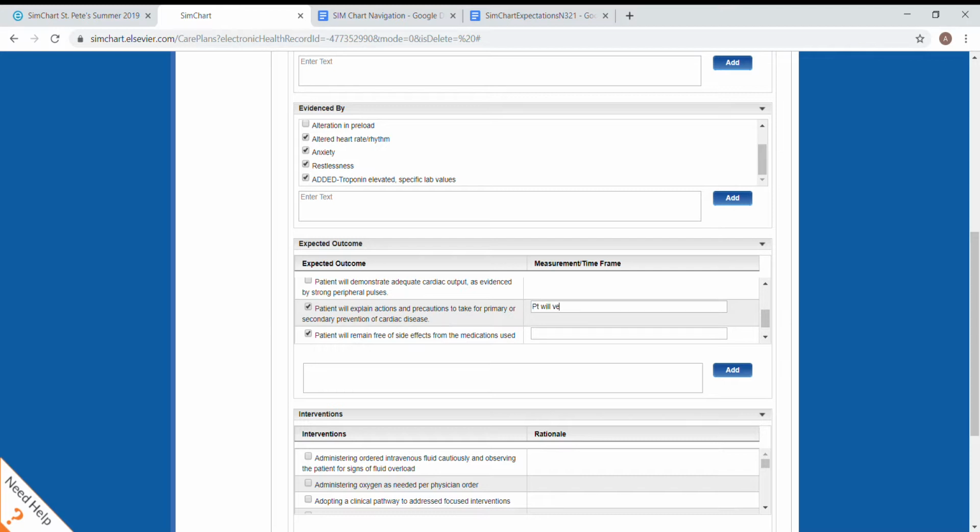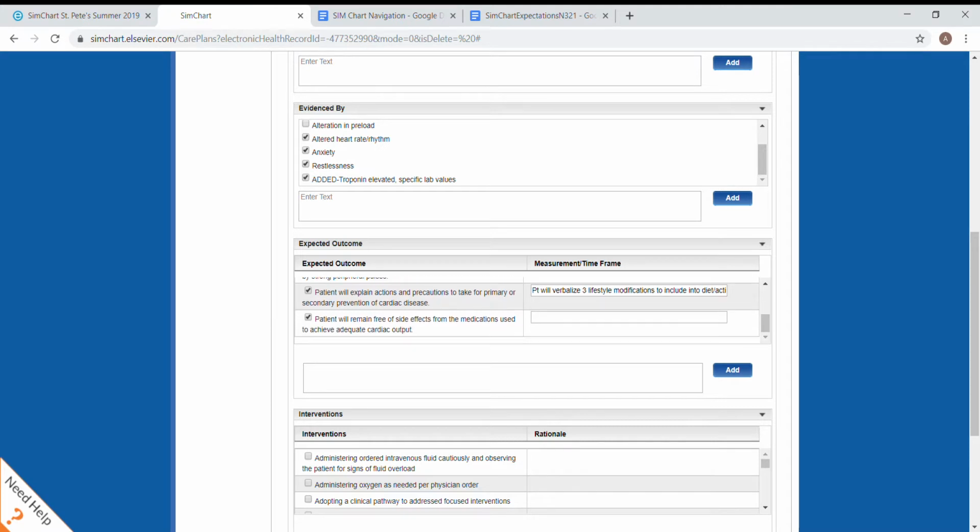So patient will verbalize 3 lifestyle modifications to include into diet/activity routine, to use at home, and they're going to verbalize it prior to discharge.